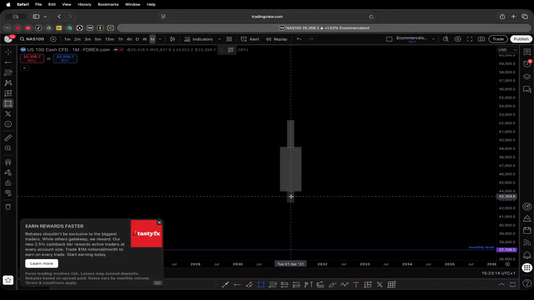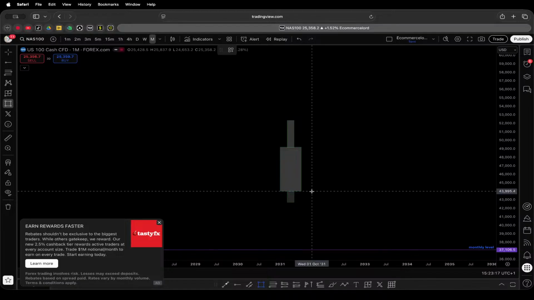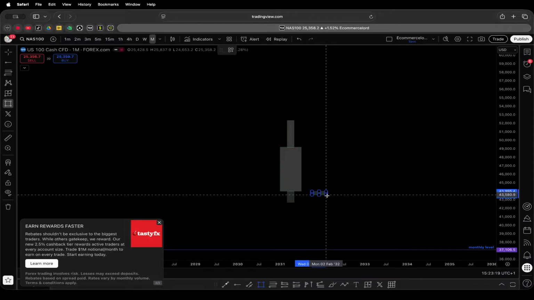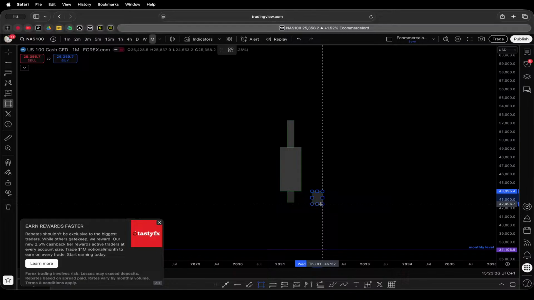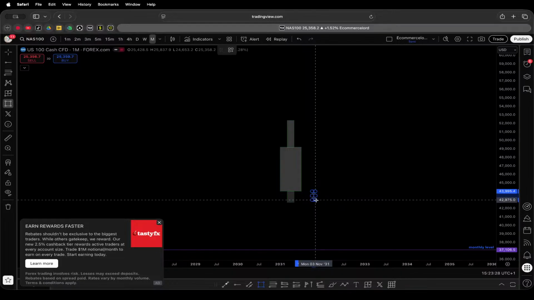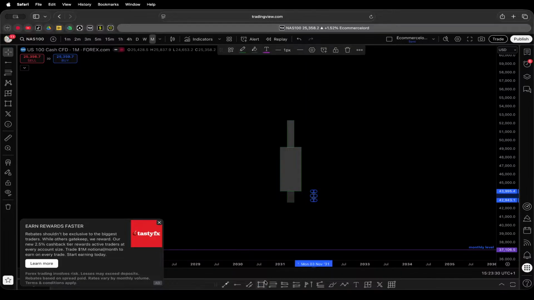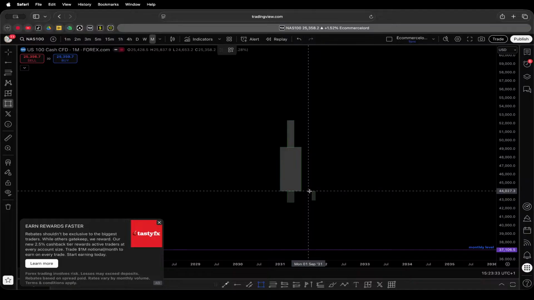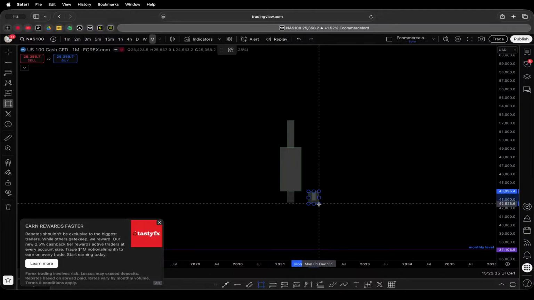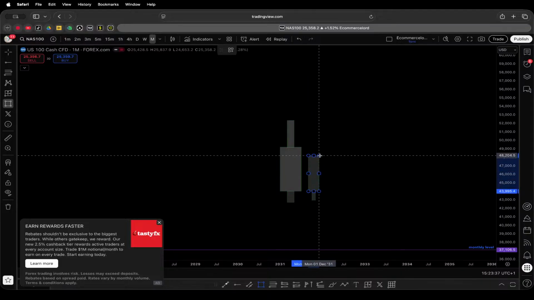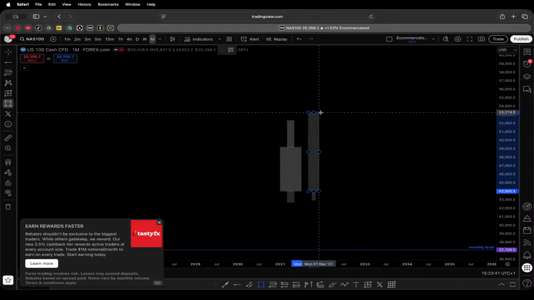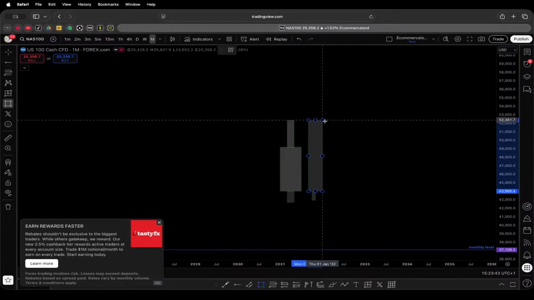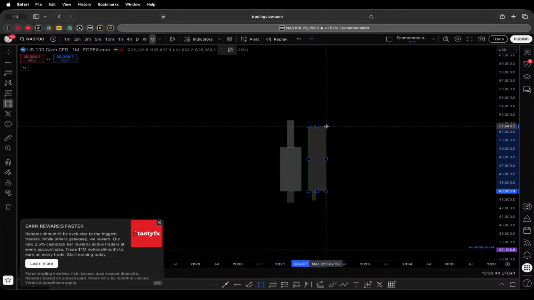And then the bullish candle: since the bearish candle closed here, the bullish candle is going to open here, then possibly goes down to form a lower wick, maybe closing here. And from this lower wick it retraces, goes back up to form the upper wick, and then maybe closes here.